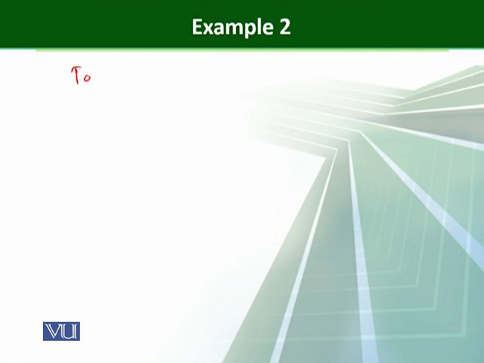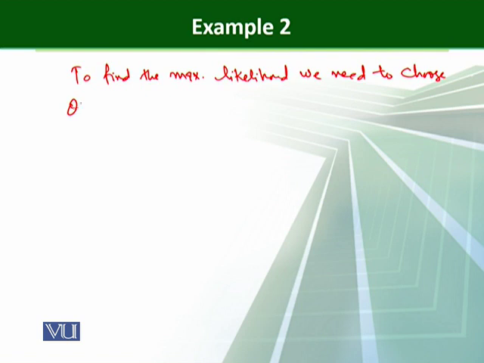So to find the maximum likelihood, we need to choose theta as large as we can.